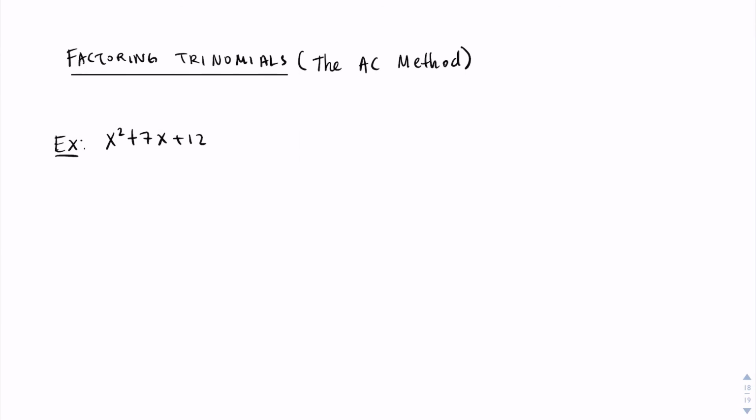How do we factor x squared plus 7x plus 12? A 3 and a 4. But let's see how this will work with the AC method. The AC stands for the first term and the last term, right? The coefficient for this one here, the value for A, will be positive 1, and the value for C will be positive 12.